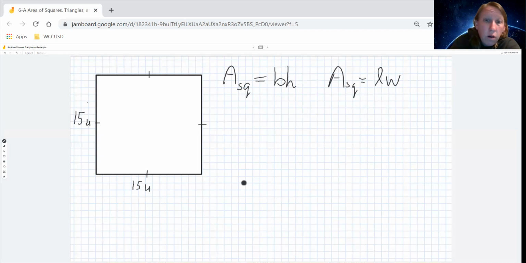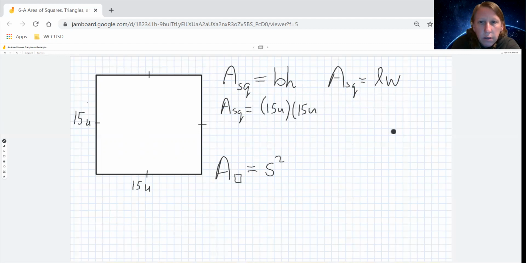You could also use the area of a square is the side squared. All three of those are good equations to use for areas of squares. I'm going to use this one, and this is the way I want you to show work on the 10 questions I assigned. So area of a square is 15 units times 15 units.